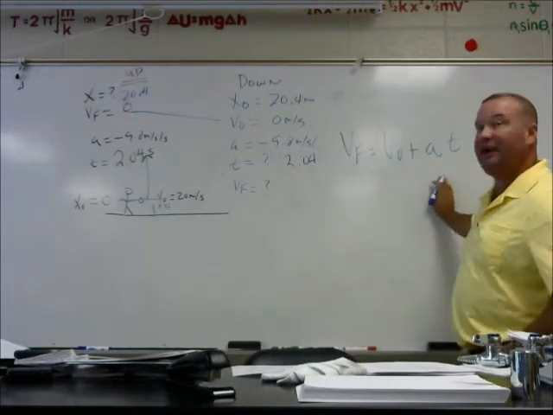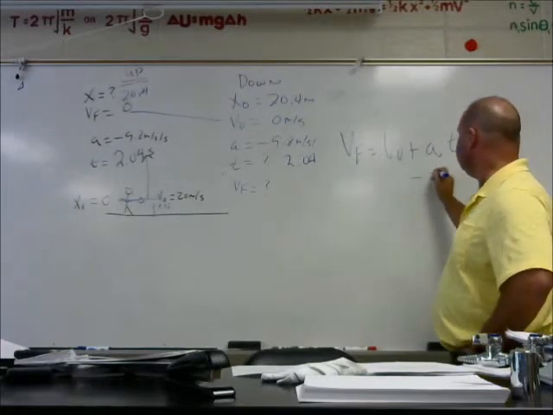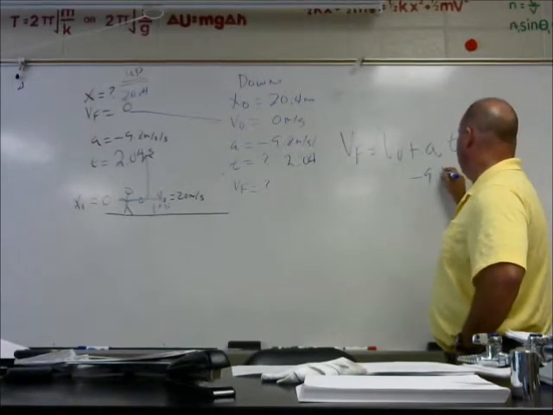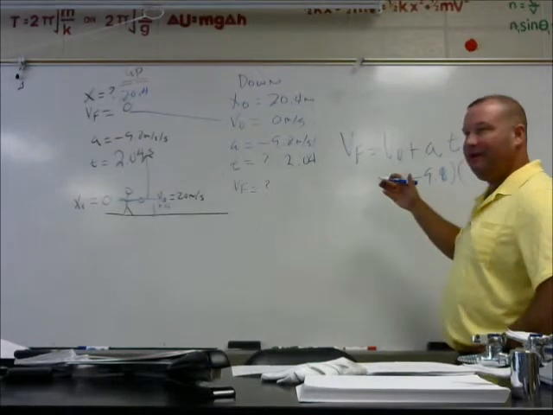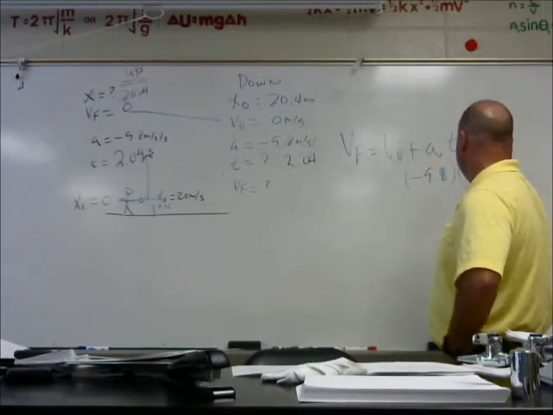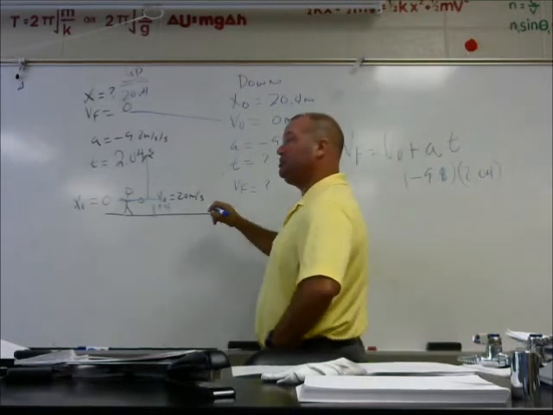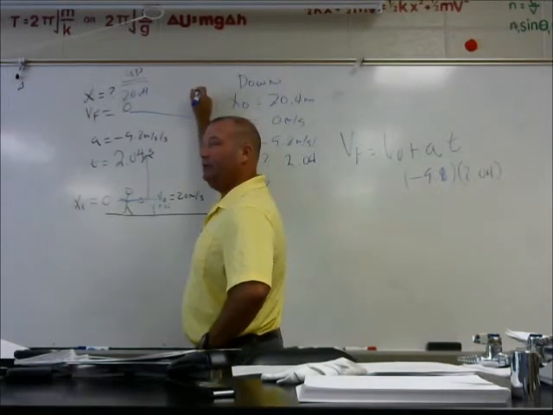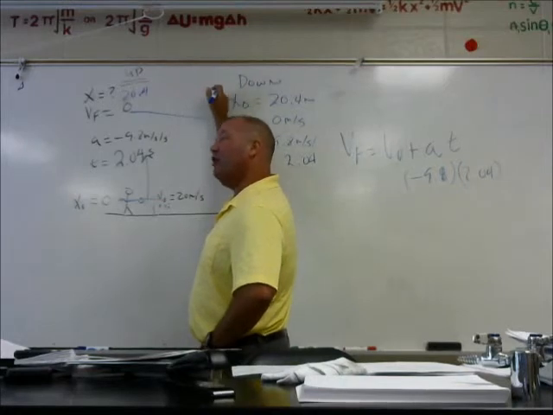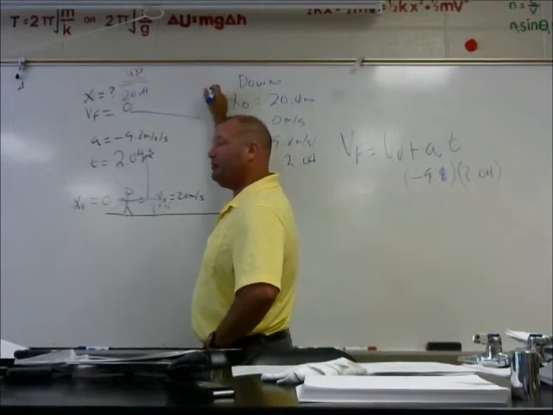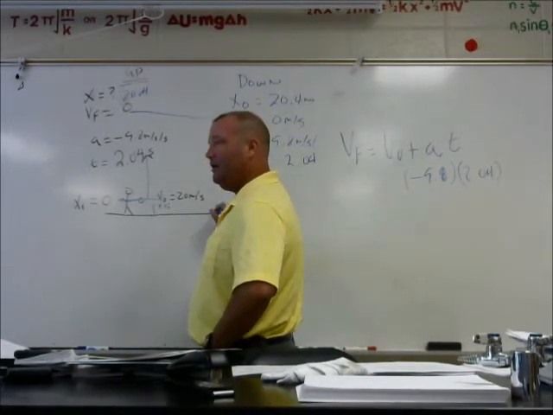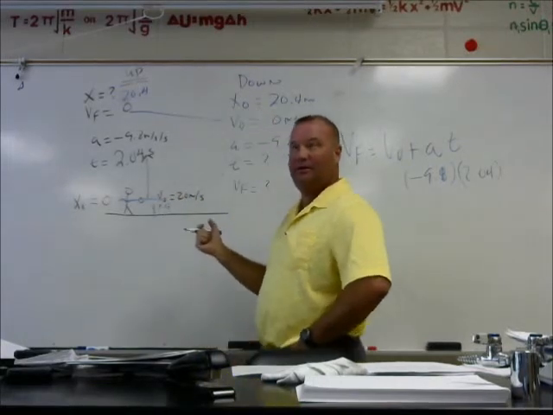Is acceleration any different than it was? Is the time any different than it was? So if it took 2.04 seconds to slow down from 20 to 0, does it not follow that it would take 2.04 seconds to go back from 0 to 20 if it's being pulled by the same thing?